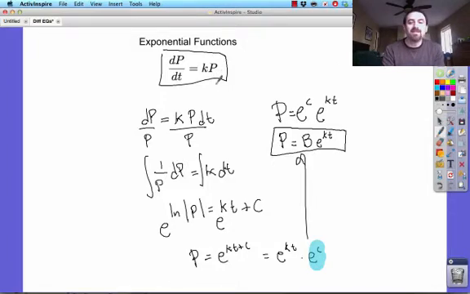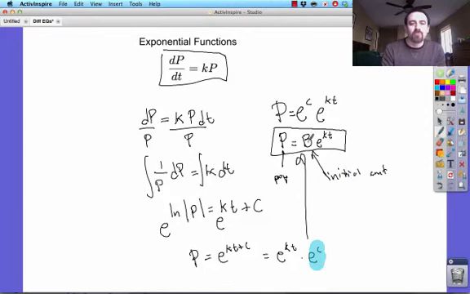So we can take that idea of what it means to be an exponential function and derive the equation for an exponential function, where again, p is the population at time t, b is the initial amount, e is that crazy number, k is some number that stays the same, and in particular it's the number that we're increasing by every single time, and t is the time.